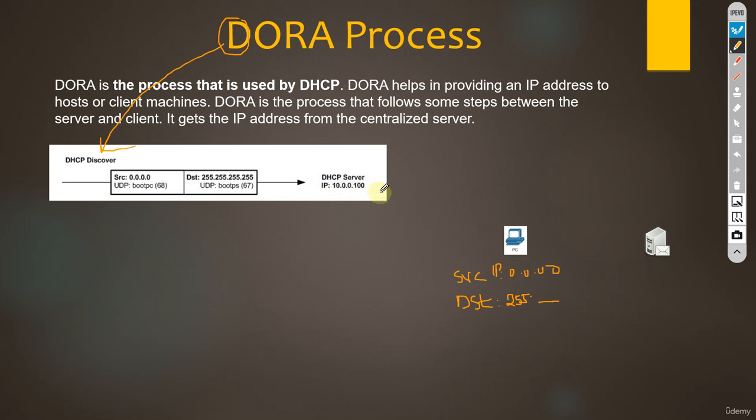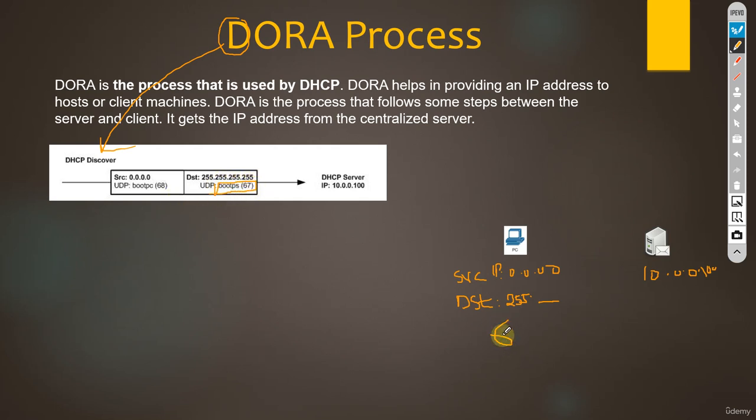Although the DHCP server has an IP address, which is 10.0.0.100, this machine is totally blind because it doesn't know about the DHCP server yet. But it knows the port. In the last slides I already talked about how every application runs a protocol for identification, which is UDP bootPC 67.